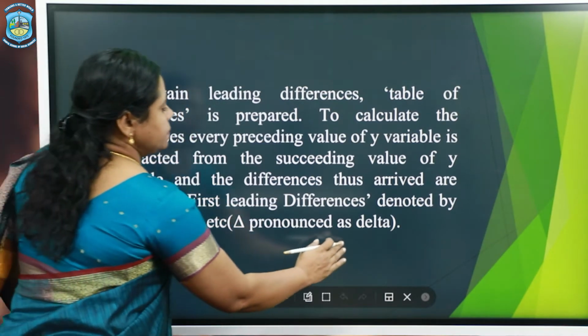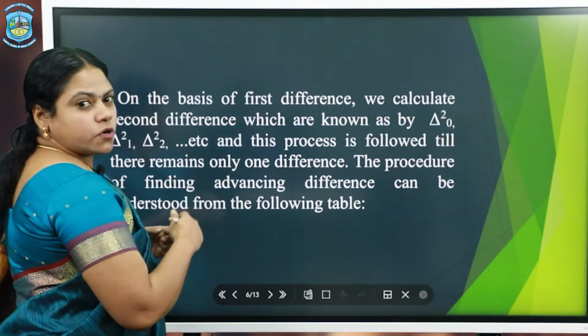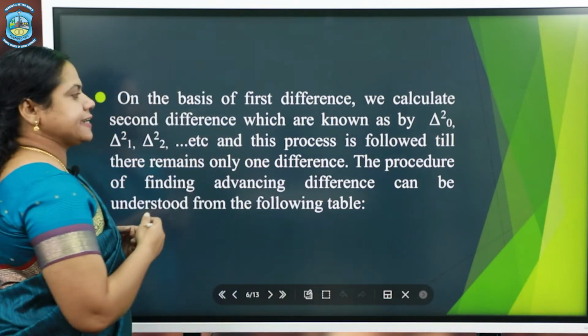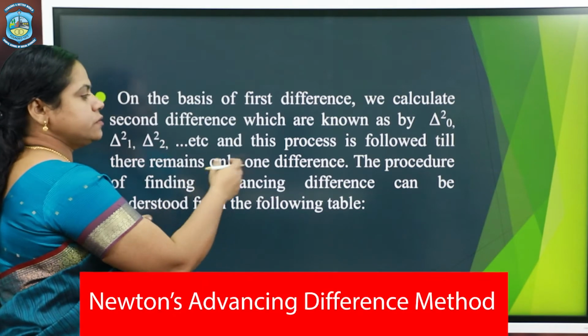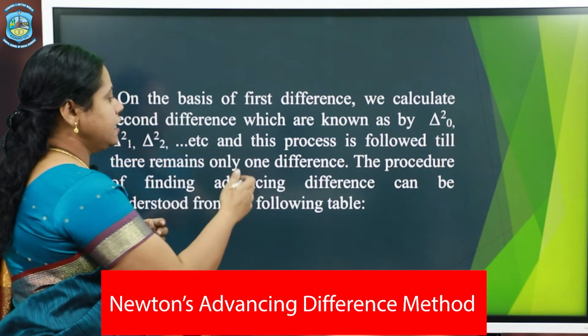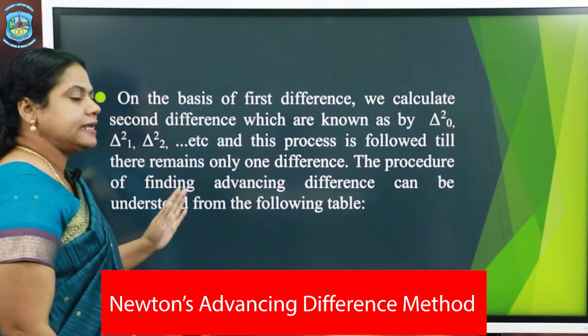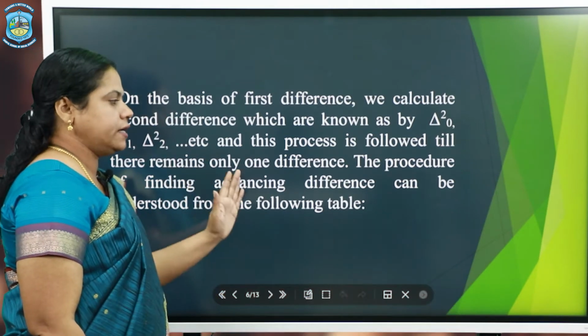On the basis of the first differences, we calculate the second differences, which are known as del 20, del 21, del 22, etc. This process is followed till only one difference remains.